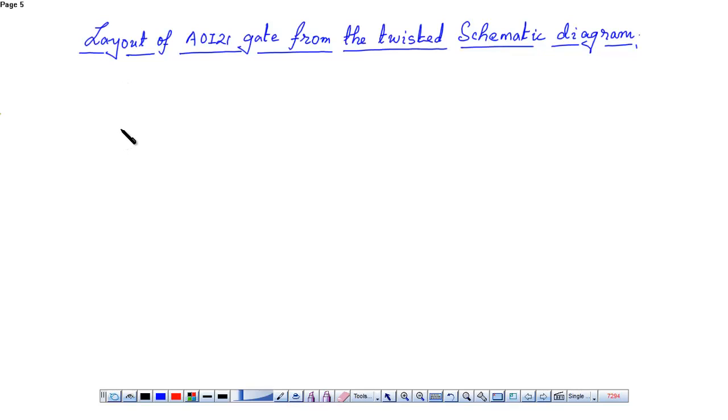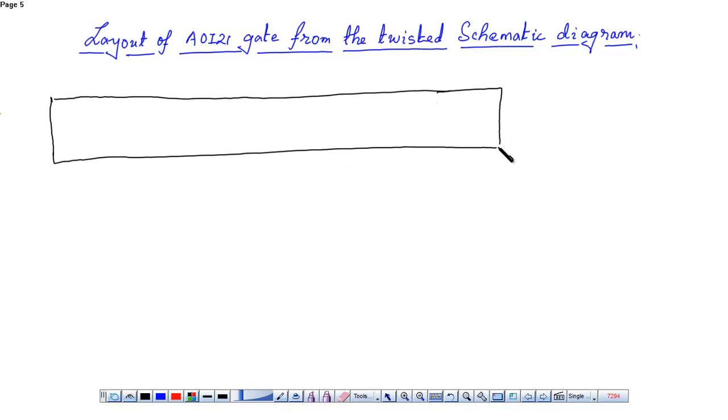So after seeing the twisted schematic, let's draw the layout. So at first you have to draw the N-well. You have to take a larger area. This is the N-well layer.